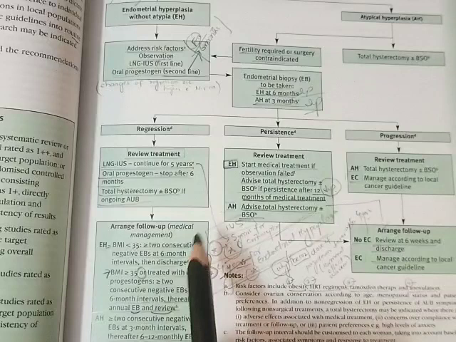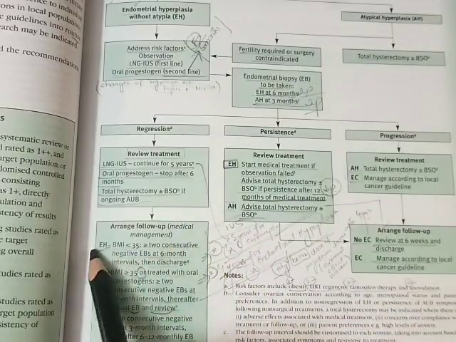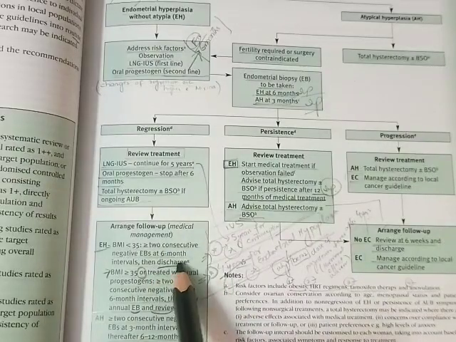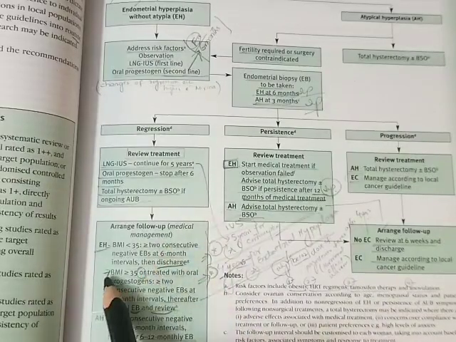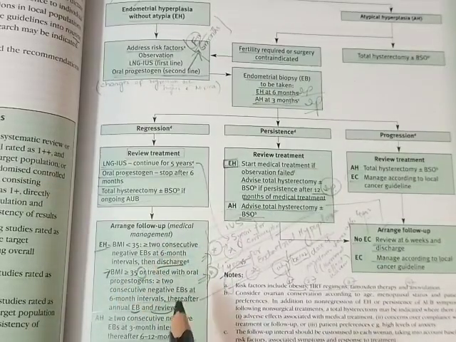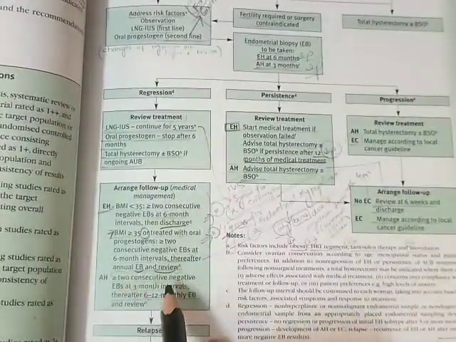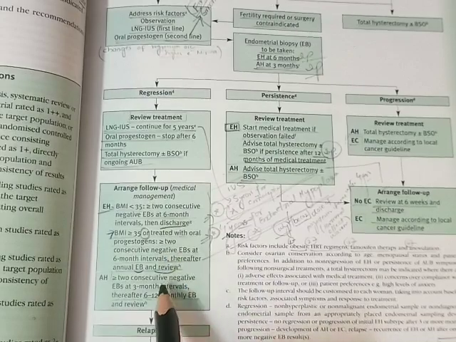So if she does not have a risk factor, then after 2 consecutive negative biopsies we can discharge her. But if she has a risk factor like increased BMI, even with 2 negative biopsy results we have to arrange the annual biopsy plan as well.